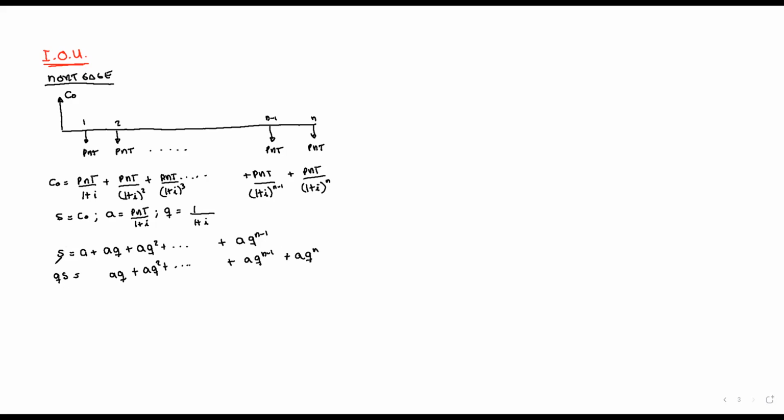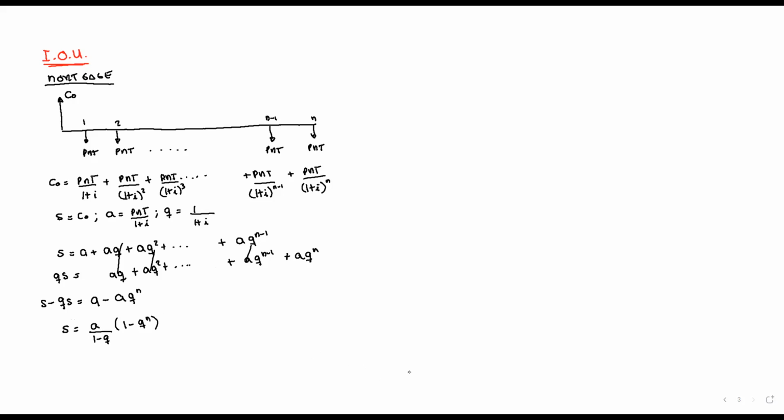And what I will do is subtract S minus QS. And you can see these cancel out, and the only ones that survive are A minus AQ to the n. Okay, I will just leave S here. So S is going to be equal to A over 1 minus Q, which multiplies 1 minus Q to the n.